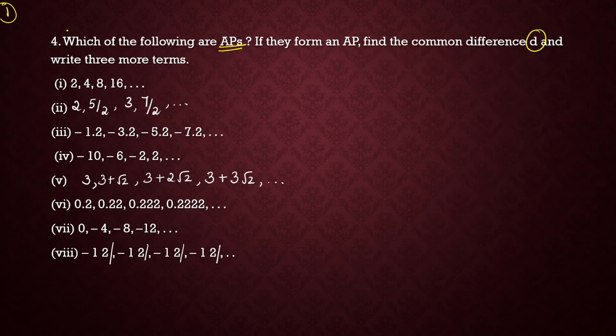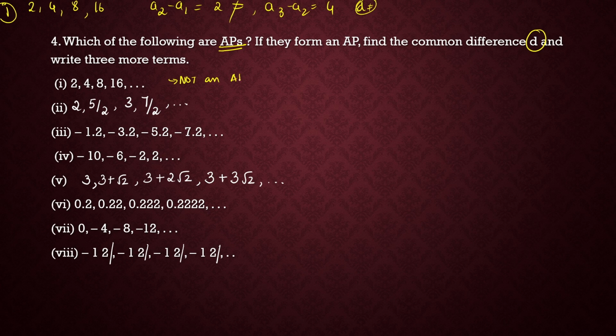So the first one, 2, 4, 8, 16. So here common difference A2 minus A1 is how much? 4 minus 2, that is 2. A3 minus A2 is 8 minus 4, it is 4. So these two are not equal. So common difference does not exist. So what can you say? It is not an AP.